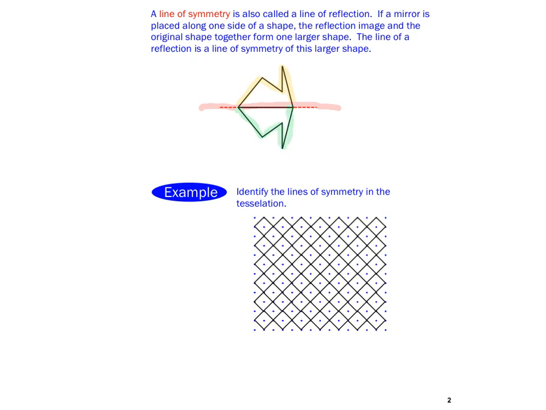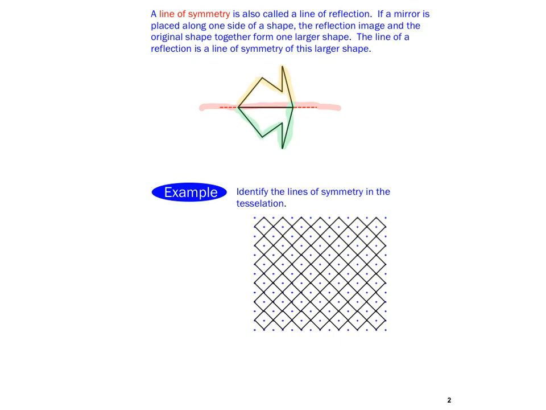And together, the yellow and the green highlighted parts form a larger piece. Okay? So that's why lines of symmetry and lines of reflection are very closely related to one another.